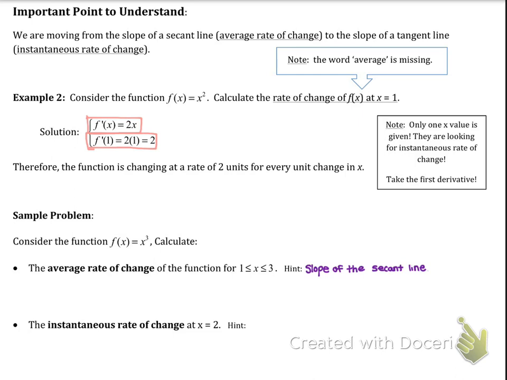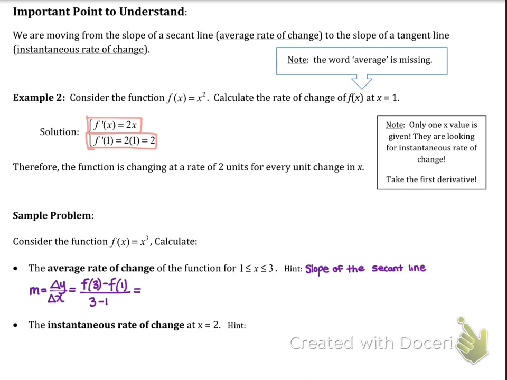So I would write that as, we could say m equals change in y over change of x. There's a whole bunch of different ways that we could write that. So we have the function at 3 minus the input of the function if we inputted 1 over the change in x, which is 3 minus 1.